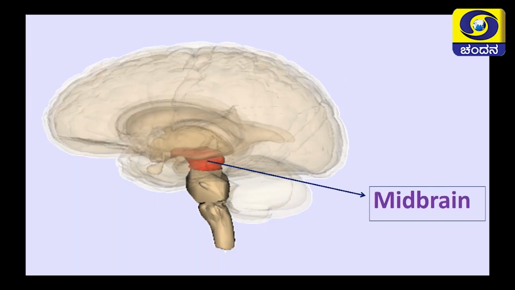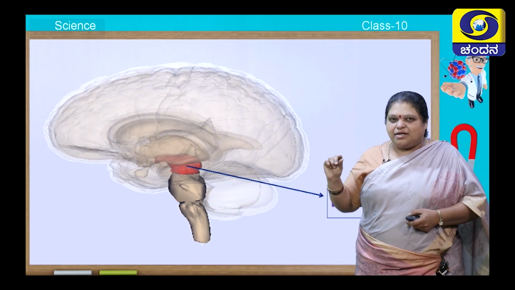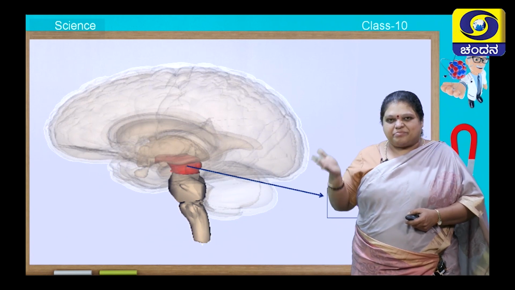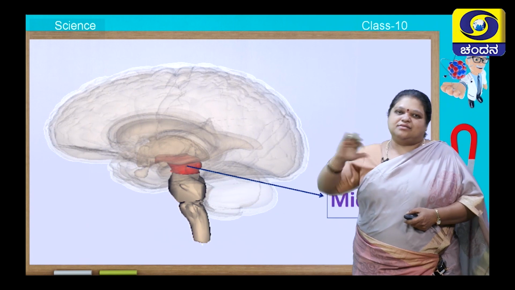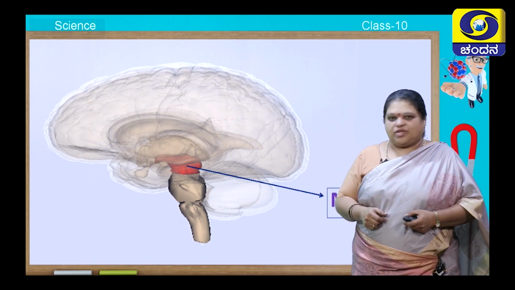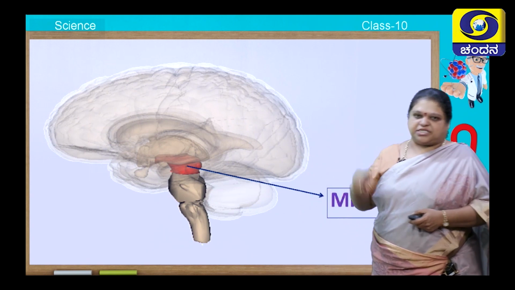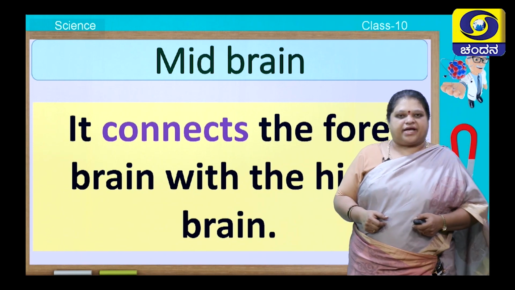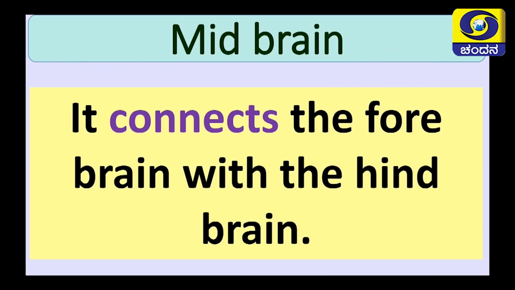Next we will come to the midbrain. The midbrain is a small portion present inside the brain below the forebrain. You understood, right? You have seen its position. The main function of the midbrain is that it connects the forebrain with the hindbrain.